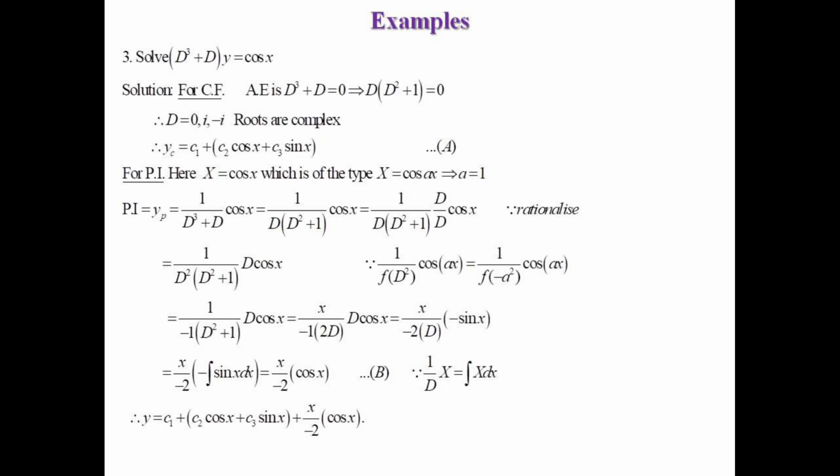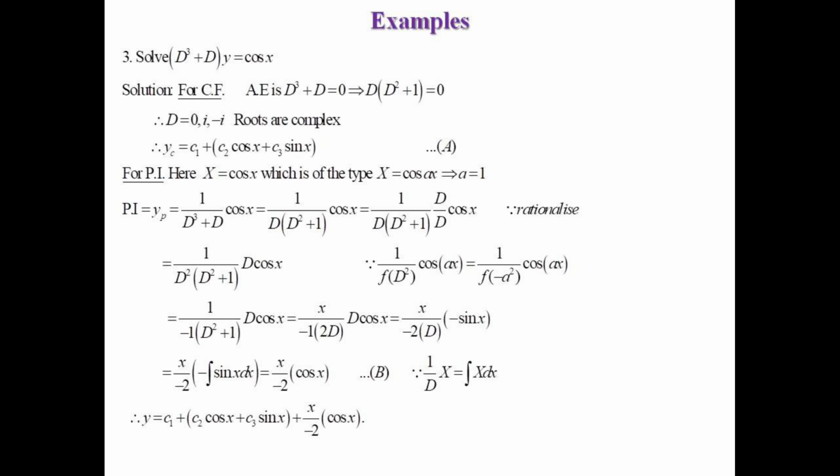Then if we replace d square by a square with minus sign, we get the value of d square as minus 1 because 1 square is 1. But if we replace d square by a square with minus sign for the bracketed term, then we get the value as 0. So to avoid a 0 term in the denominator, keep the term d square plus 1 as it is. Then to avoid the 0 term in the denominator, attach x to the numerator and take the derivative of the denominator, which is our possibility number 2.